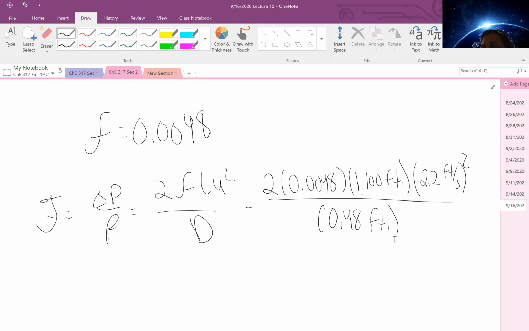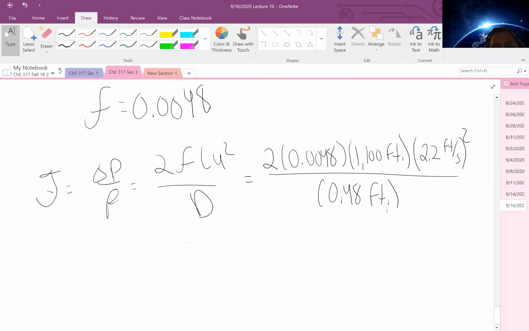So I end up with doing this calculation, F to be approximately 1,064.8 feet squared per second squared.